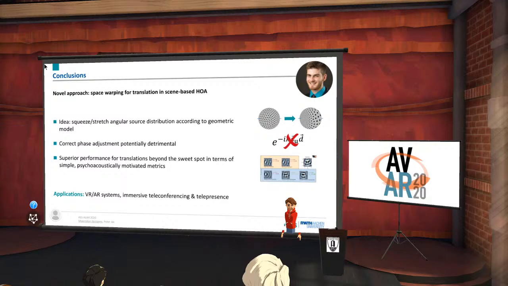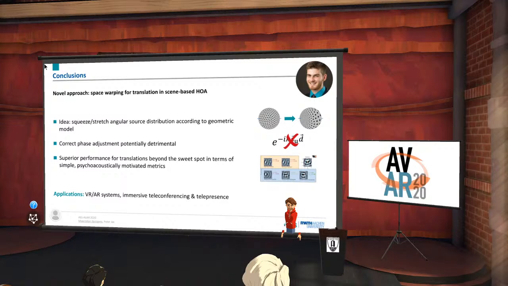So we presented a novel approach for translation of scene-based, so really recorded ambisonics, based on space warping, where the idea is to squeeze and stretch the angular source distribution according to a geometric model. And we found that correct phase adjustment is potentially even detrimental, which is very, very interesting, I think.